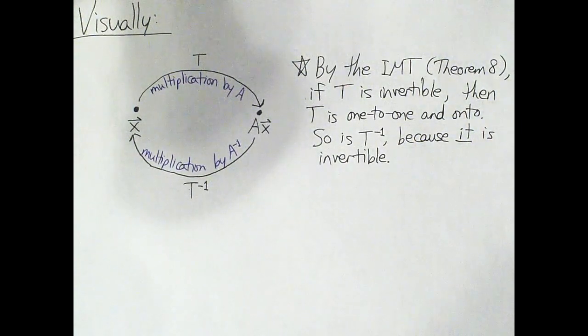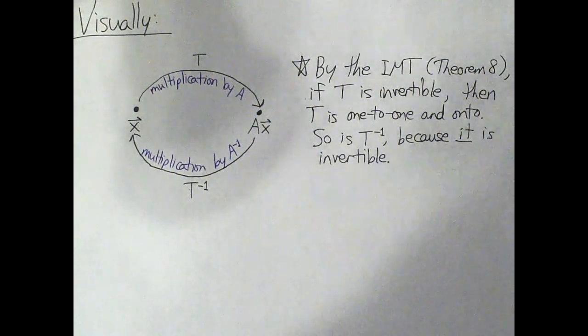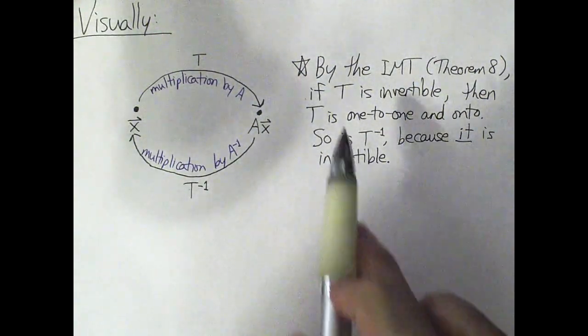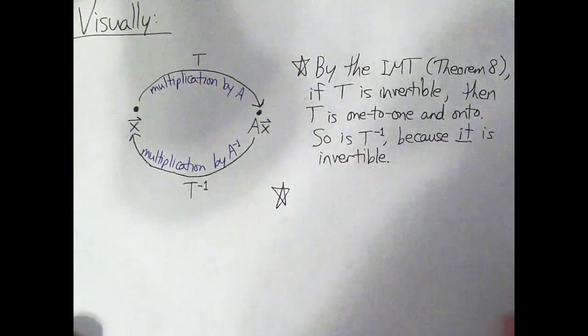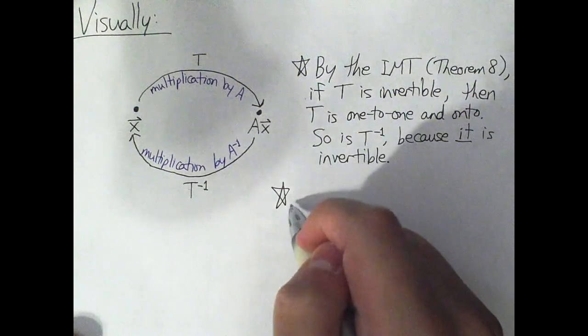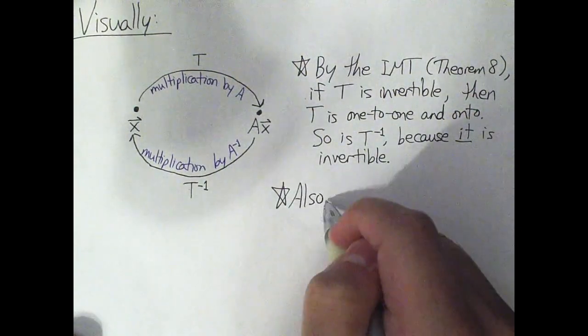So we've said that the inverse of a matrix is also invertible. So we're applying that here to linear transformations. One last thing before we wrap up.